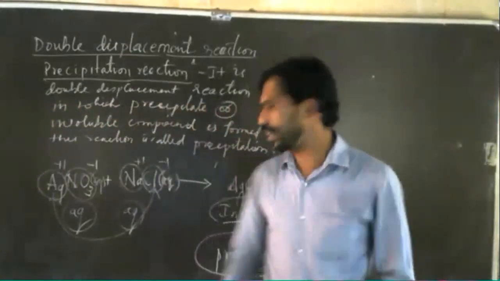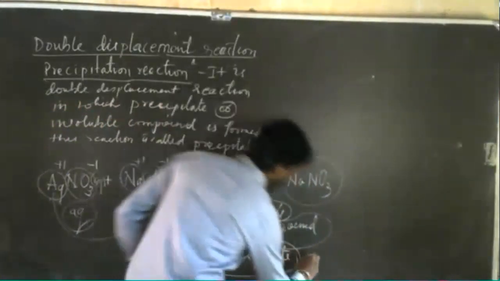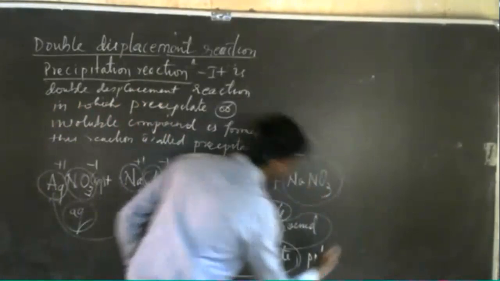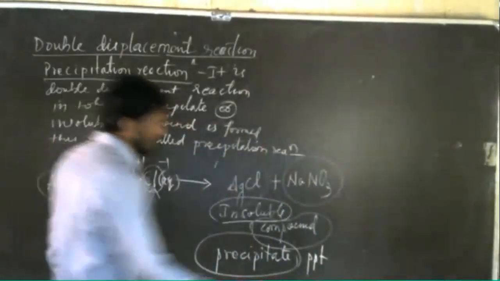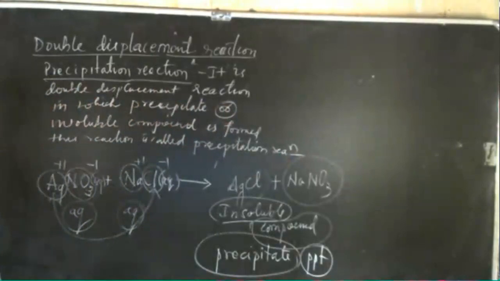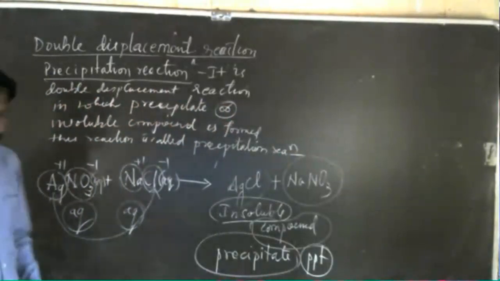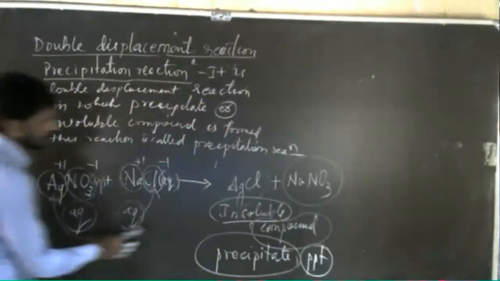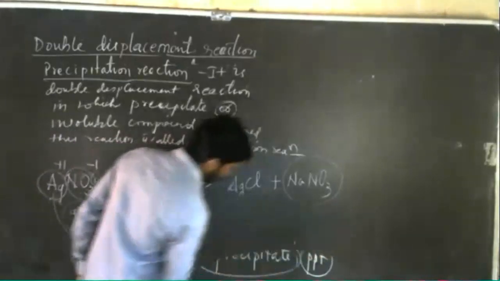See, precipitate formation happened. A double displacement reaction in which PPT is formed. In short form we call it PPT, write that down. Precipitate is called PPT.